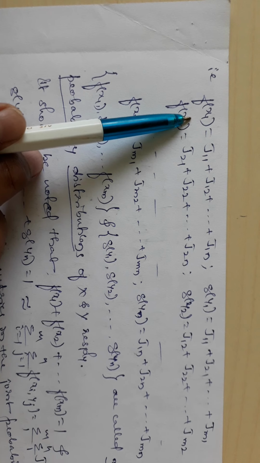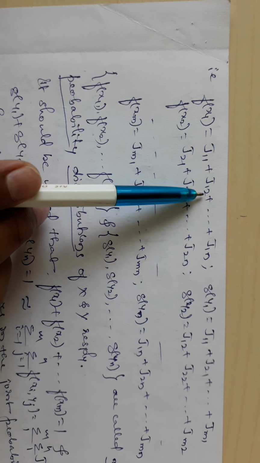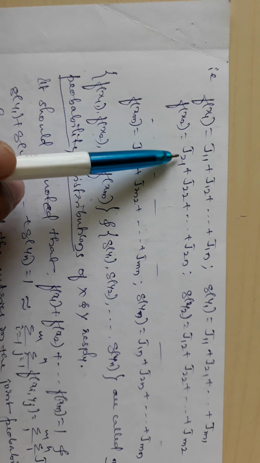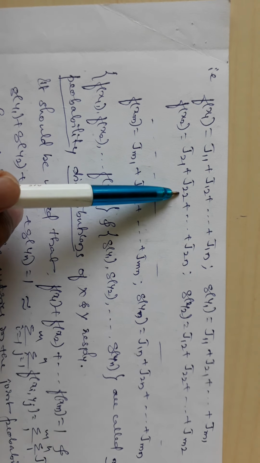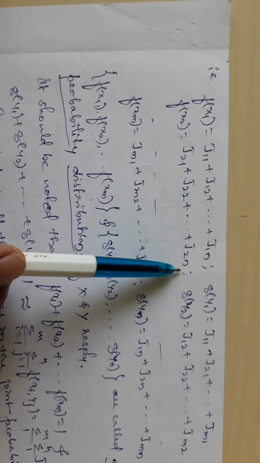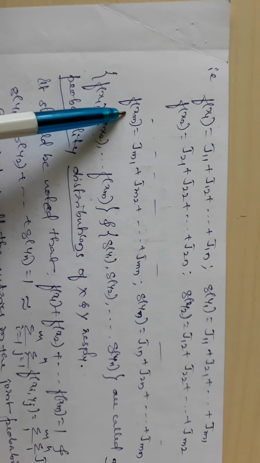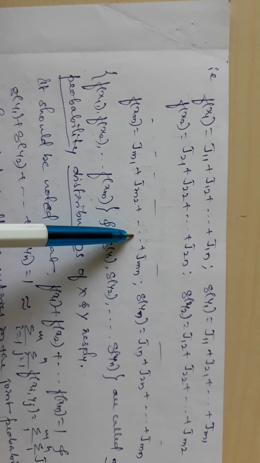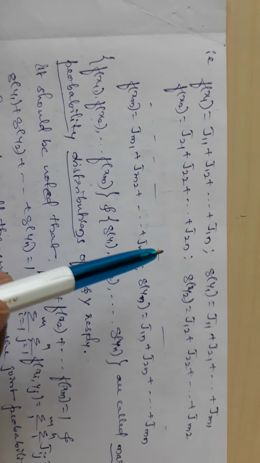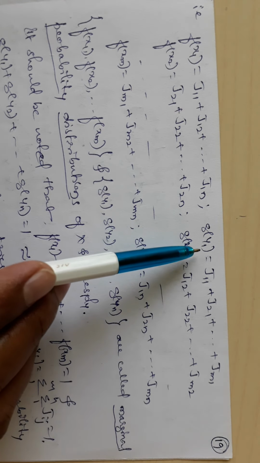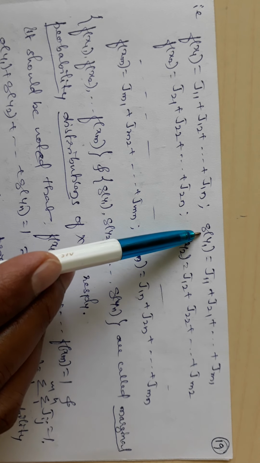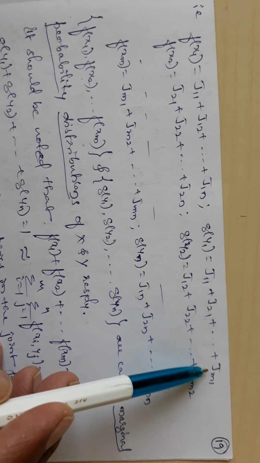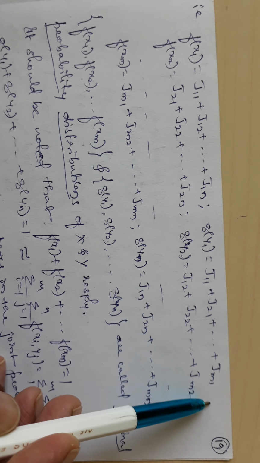f(x1) equals J11 plus J12 and so on up to J1n, f(x2) equals J21 plus J22 and so on up to J2n, and so on up to f(xm) equals Jm1 plus Jm2 and so on up to Jmn. Similarly, for the column sums, the first column is g(y1) equals J11 plus J21 and so on up to Jm1.